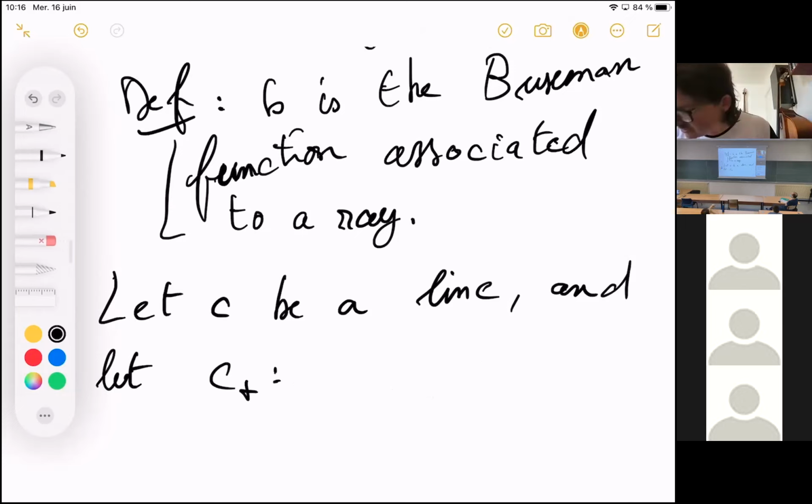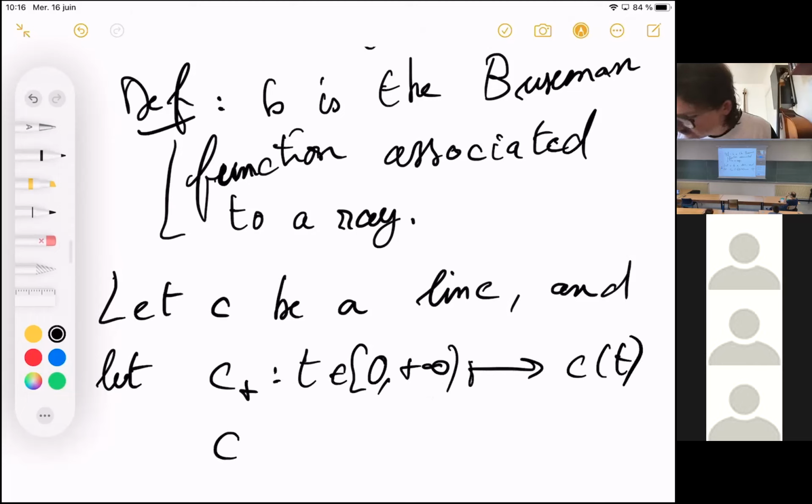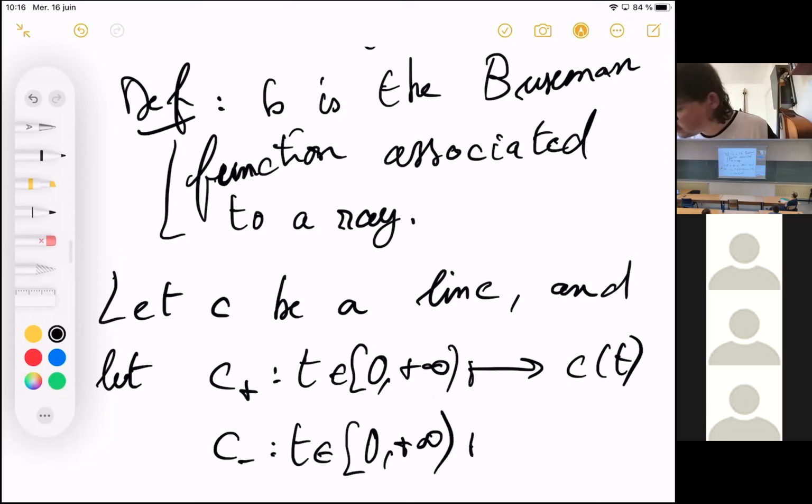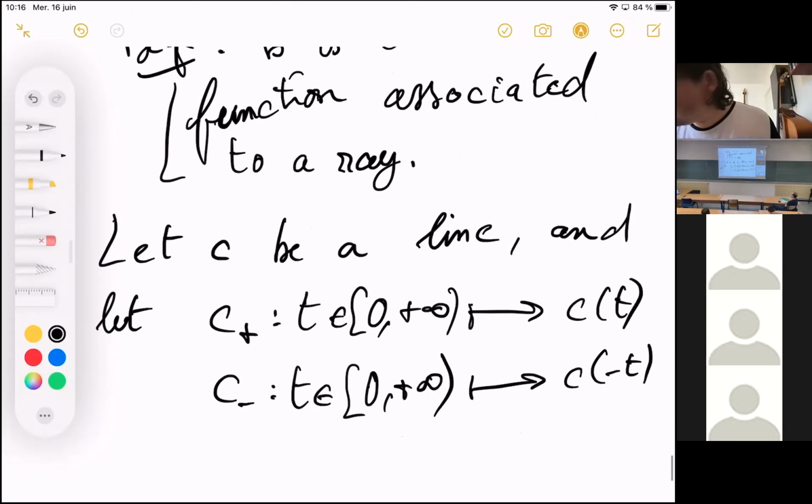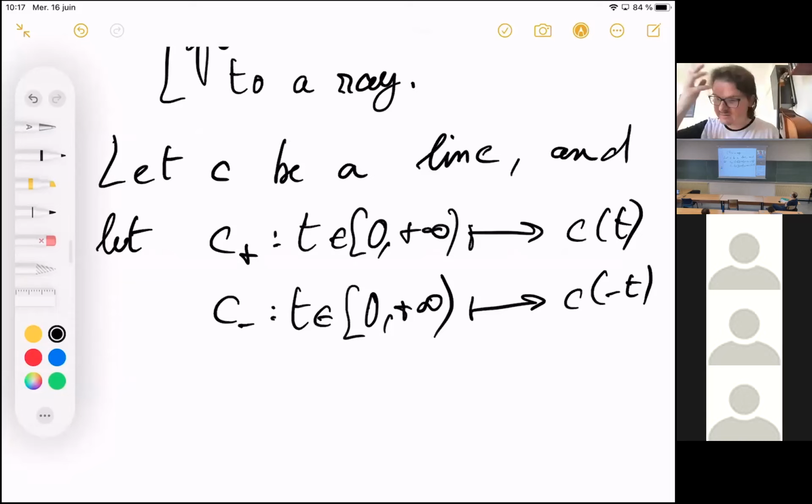I need to change the orientation, so maybe let's write it in full. So what can we say about those two functions?